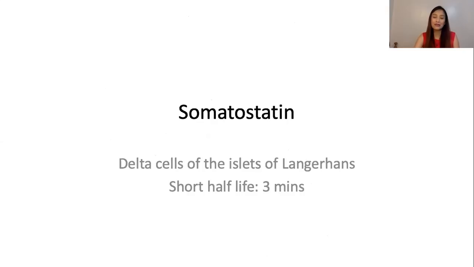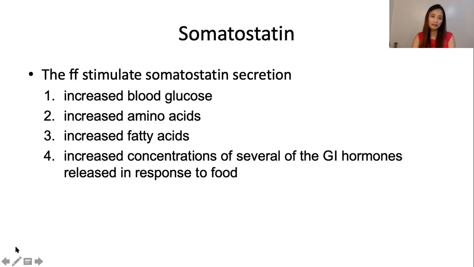So lastly, we're going to go into somatostatin. Your somatostatin is produced from the delta cells of the islets of Langerhans, and it has a very short half-life. And what is its function? Just like in the other endocrine glands, like your pituitary, and in your gut, your somatostatin inhibits insulin and glucagon secretion.